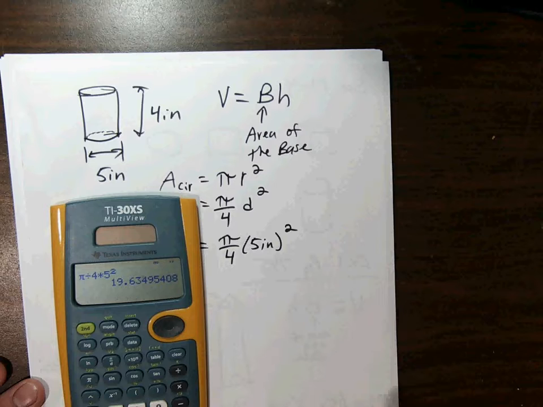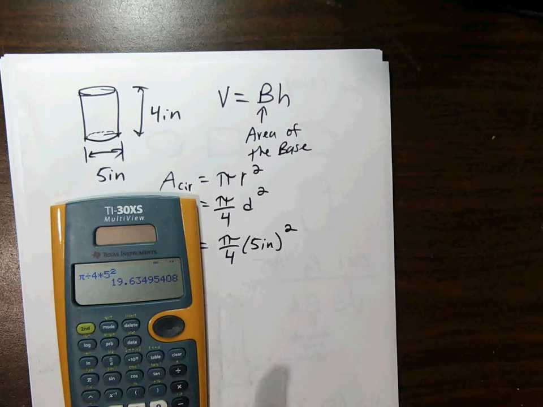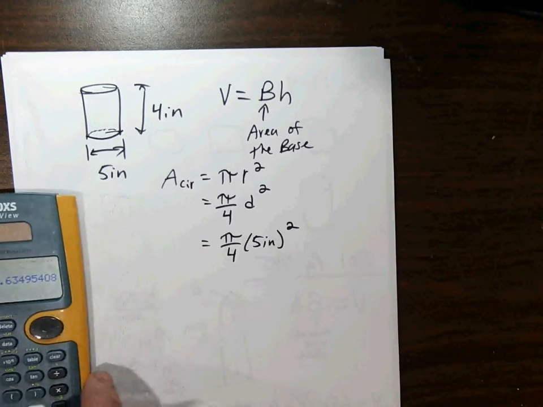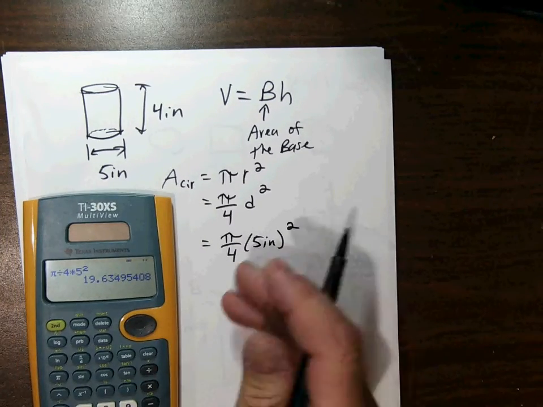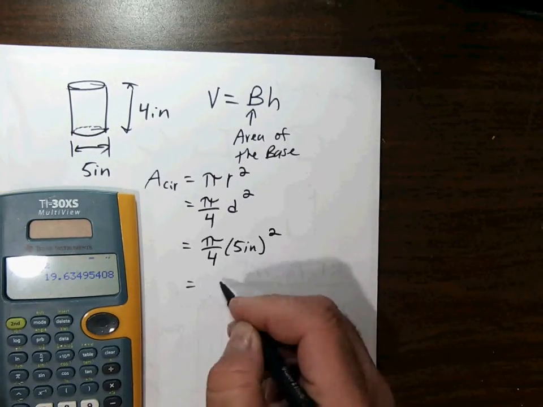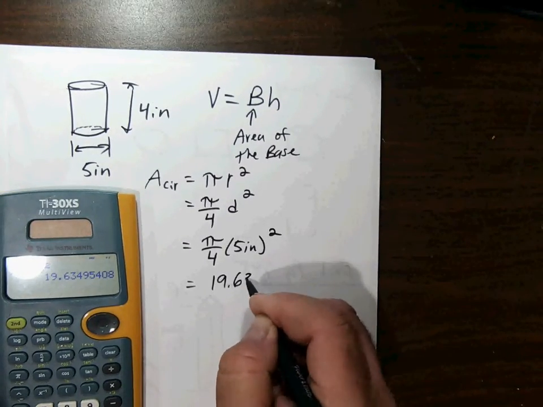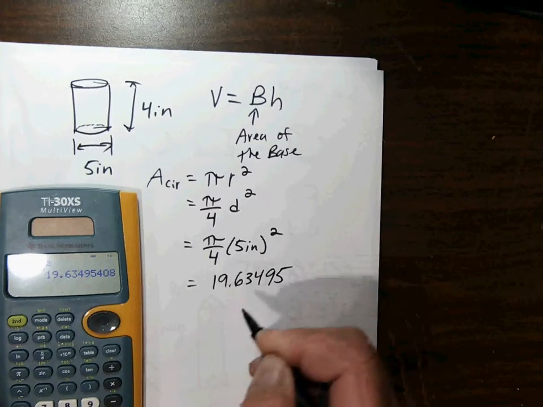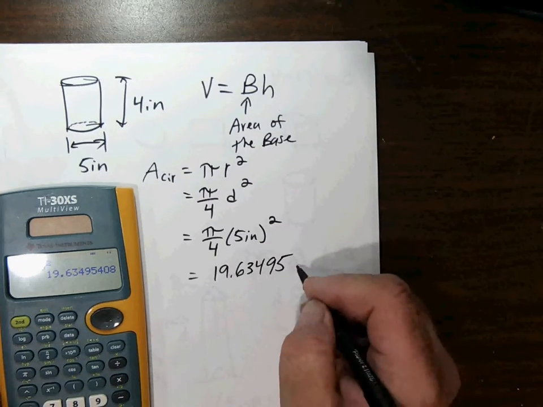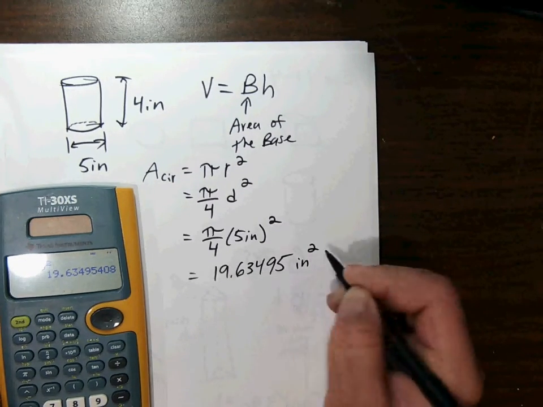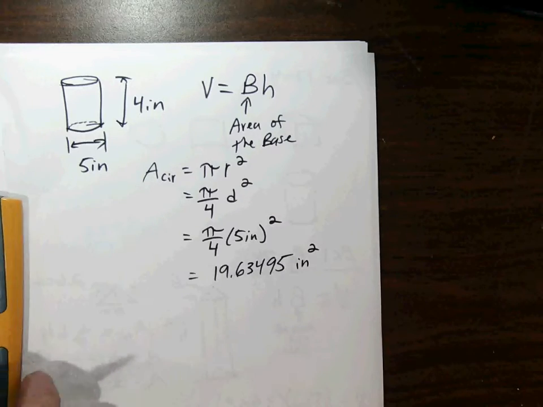Now, you got to be careful. If you don't have a proper calculator, this would be wrong. You would get a wrong answer just trying to type it in like that. So be careful there. So it's 19 point something or other here. 19.63495. I'm going to carry a lot of digits here, and then I'll round it in a second. And that's square inches. That's just the area of the base.